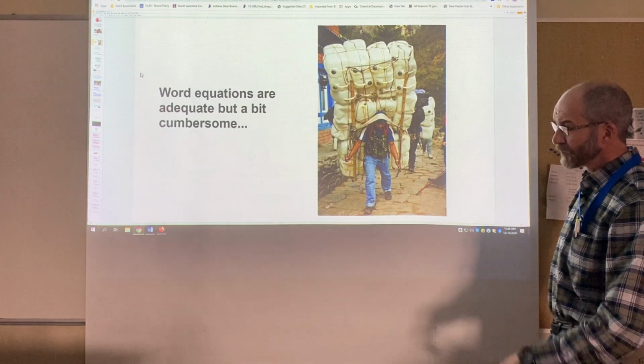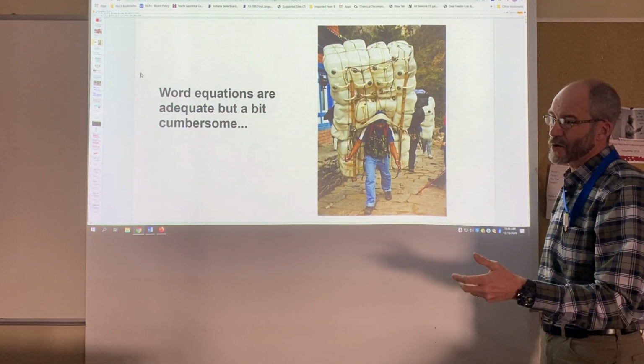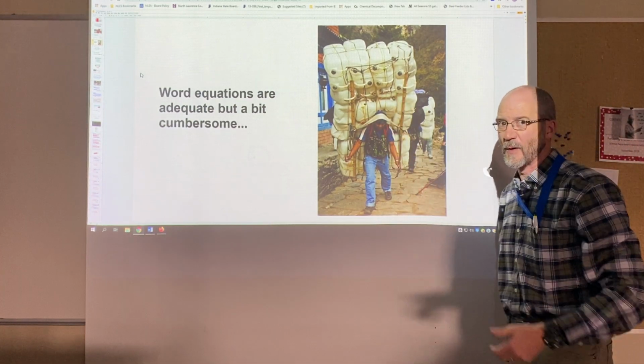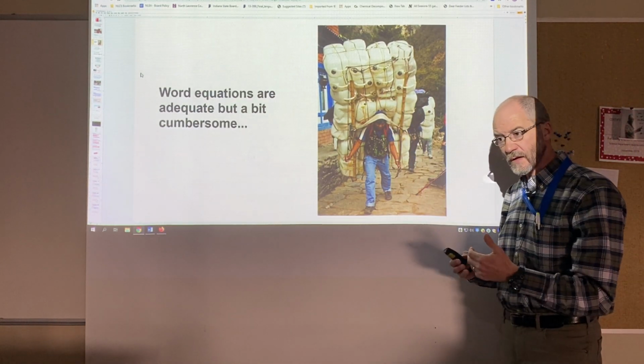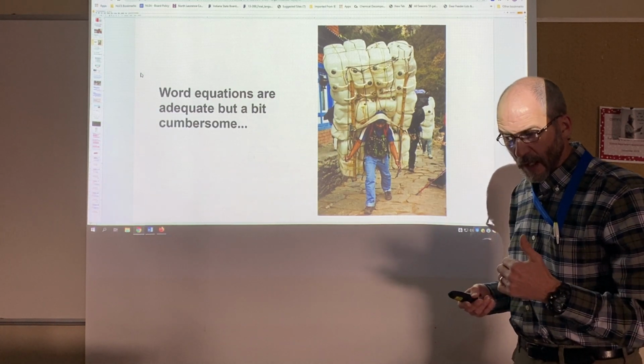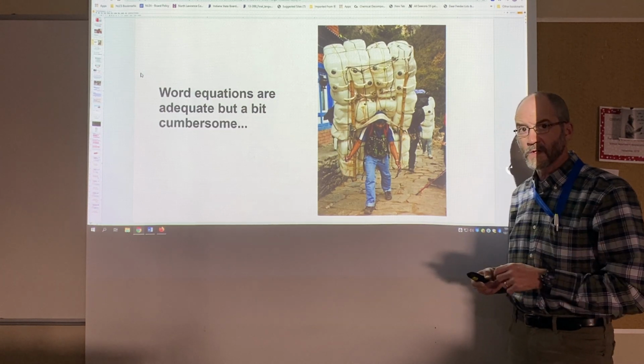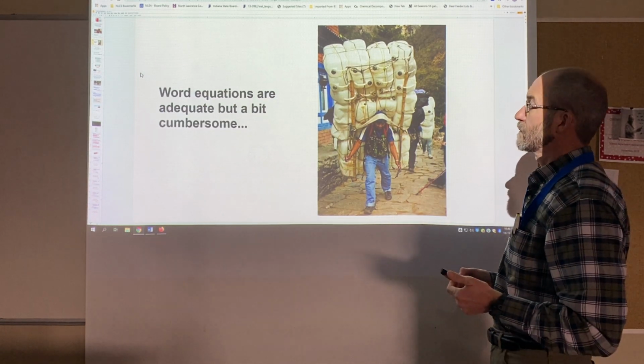All right, so word equations can be good sometimes, but you can tell they would probably at times be very cumbersome. It might be a lot more advantageous for us, and maybe quicker to the point, to use chemical formulas, okay?